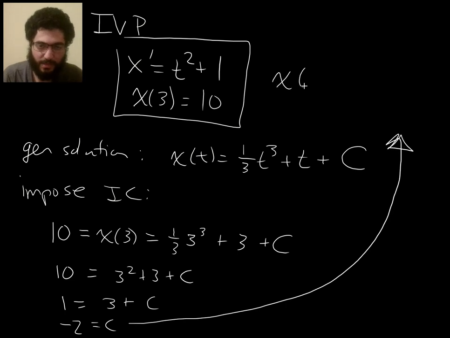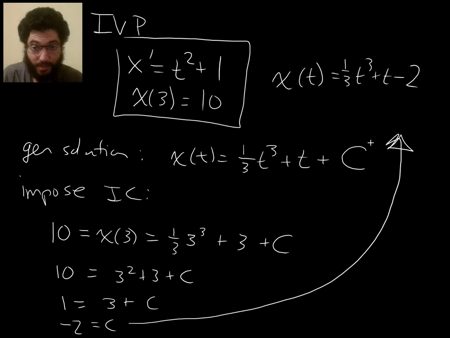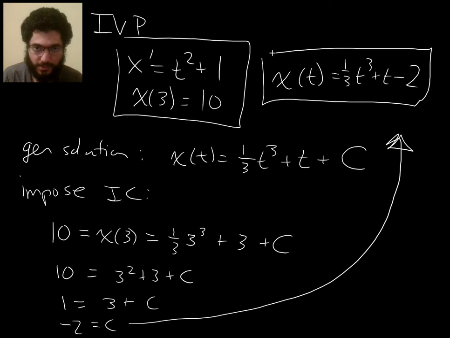So I have found that this is the solution: 1/3 t cubed plus t minus 2. Because this is the general solution, and I found that when c is minus 2, the initial condition is satisfied. So here's the, it seems unique, function that solves the initial value problem. It both satisfies the differential equation and satisfies the initial condition.